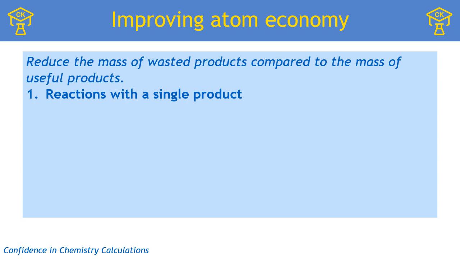So the Haber process, for example, which we've come across before, making ammonia, this is 100% atom economy because ammonia is the only product, and therefore the mass of the useful product is the same as the total mass of products. But that's not an option for a lot of reactions.